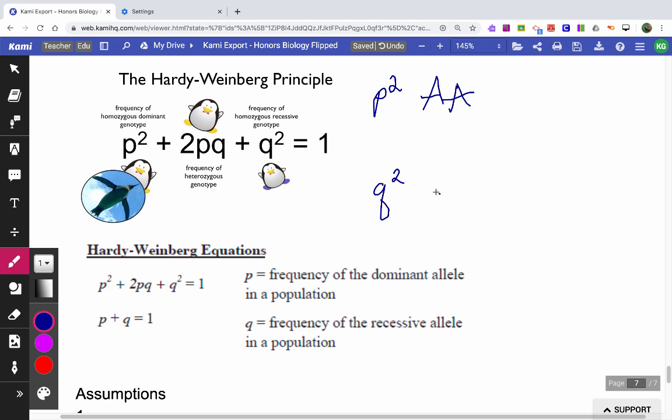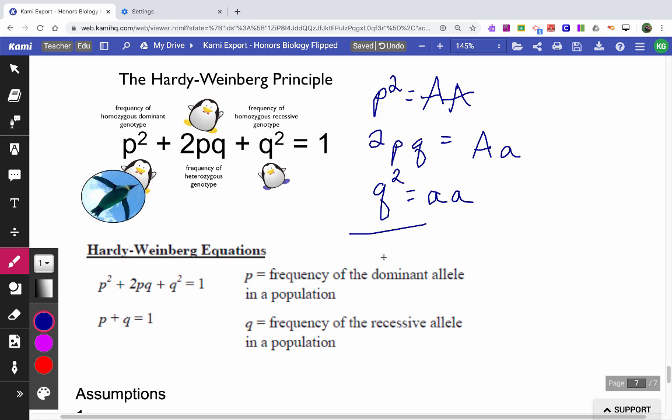So q squared is going to represent our frequency of homozygous recessive. And then the way they worked it out, the value 2pq is going to represent the frequency of your individuals that are, as you can imagine, p and q together are different. So that's going to be your individuals that are heterozygous.